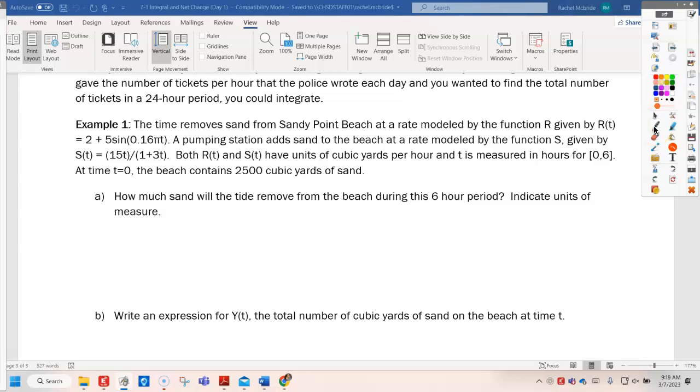So if my equation R of t represents the tide removing sand, what do I integrate or derive to find how much sand is removed by the tide?